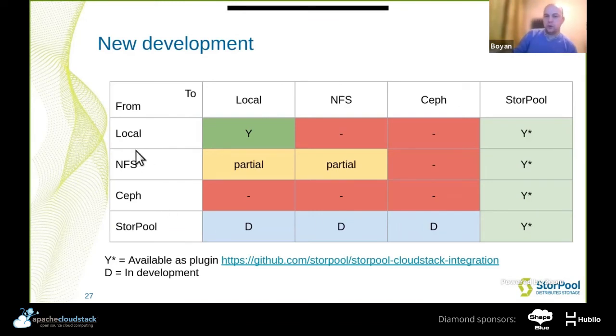And we would like to hear from the community if there is any interest in doing everything to everything in CloudStack. We don't think it's too much work. We just need to hear from you guys and figure out if there is a real need for it, or if it's just an interesting feature that no one would use, right?